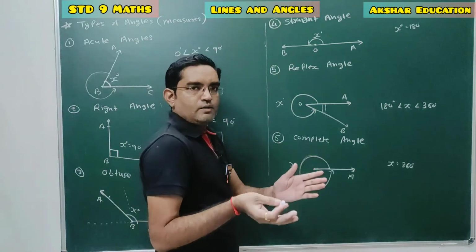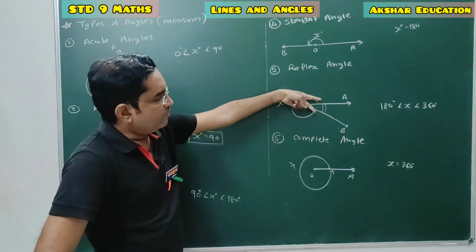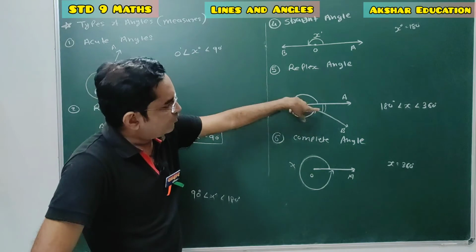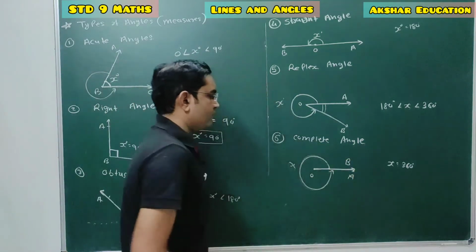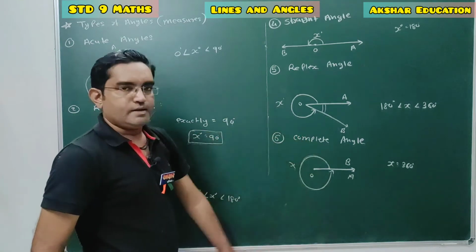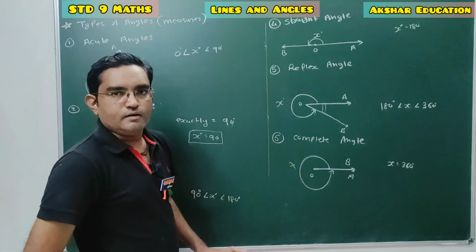That means the two arms of the angle coincide. There are two arms, after a full revolution arm OA comes back on top of arm OB. So here one complete revolution is there. So the measure of the angle is exactly 360 degrees. So this type of angle is known as a complete angle.